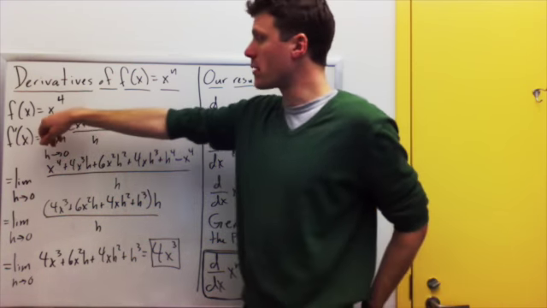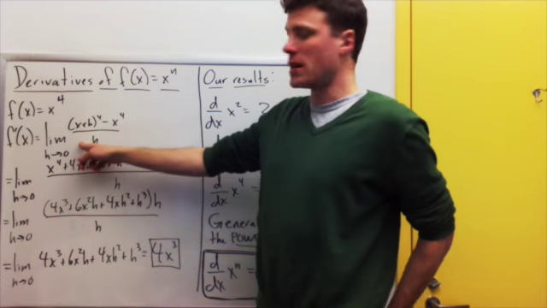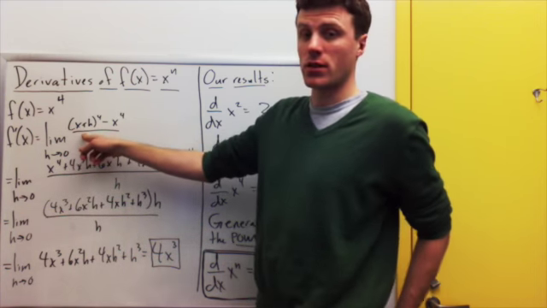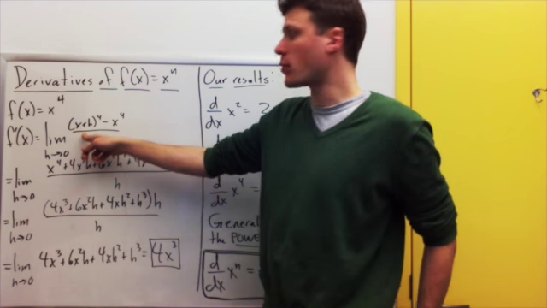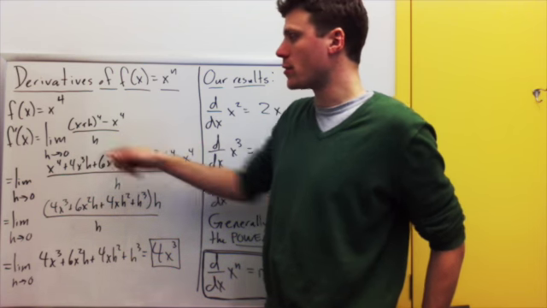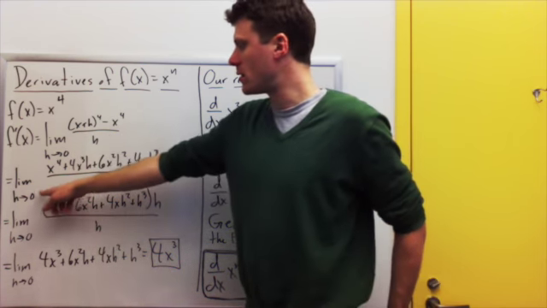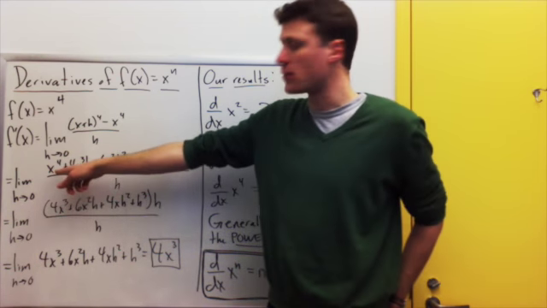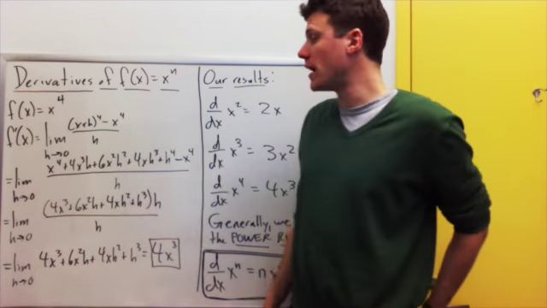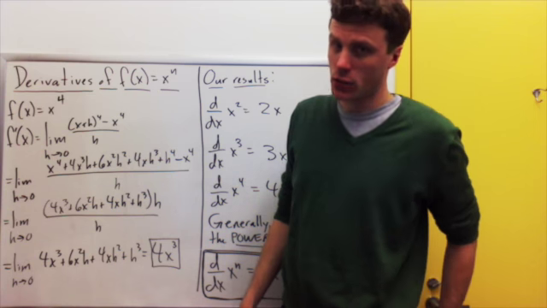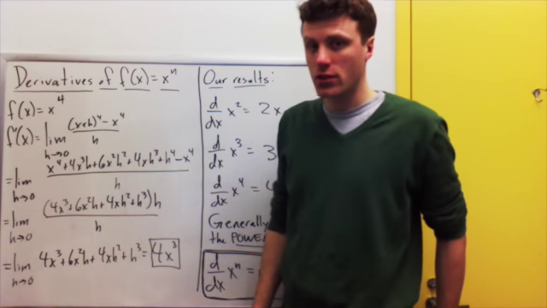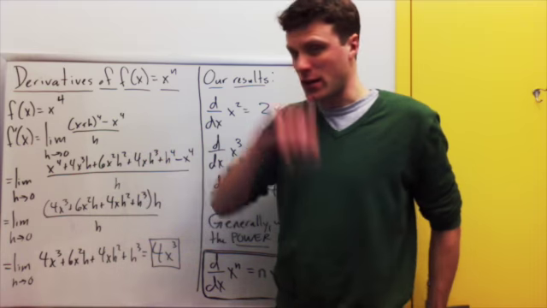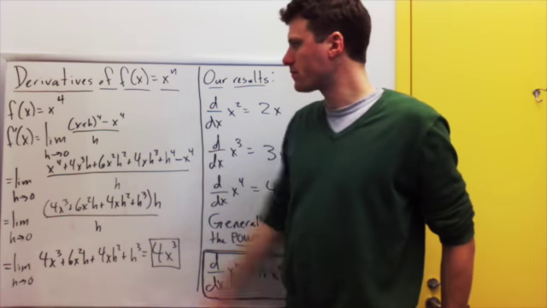So let's take the derivative of x to the fourth. By definition, that's the limit as h goes to 0 of f evaluated at x plus h, so that's x plus h to the fourth power, minus x to the fourth over h. When I multiply out x plus h to the fourth, I get x to the fourth plus 4x cubed h plus 6x squared h squared plus 4xh cubed plus h to the fourth, minus x to the fourth, all over h. That's a mouthful.